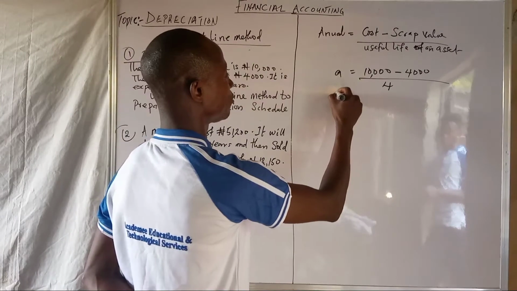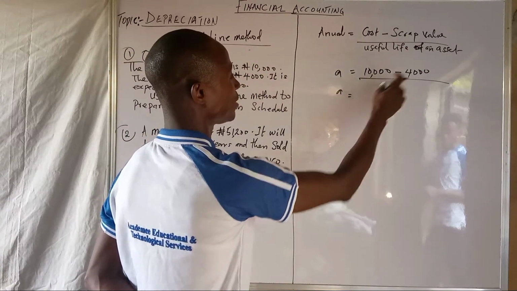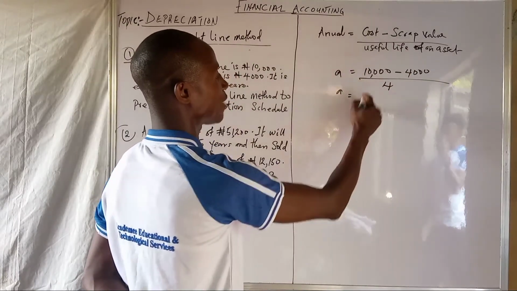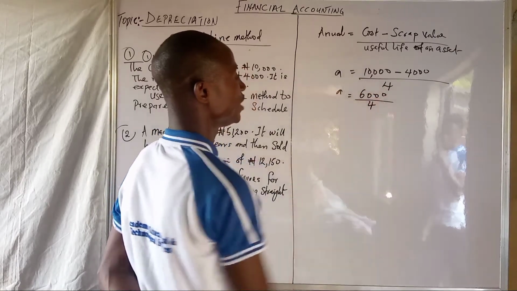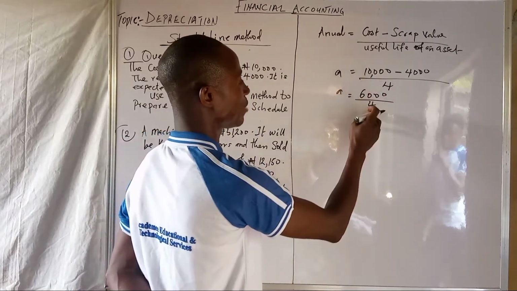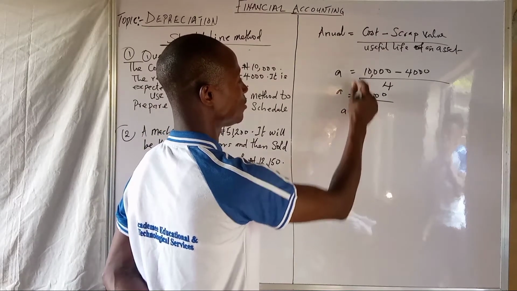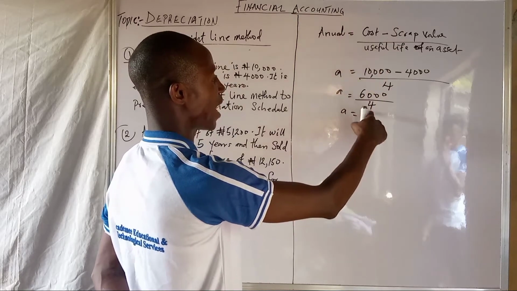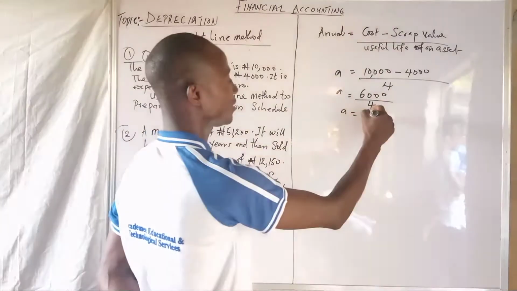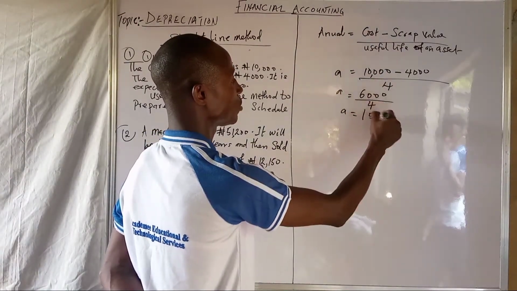So in this manner, A, the annual depreciation, equals 10,000 minus 4,000, that is 6,000, all over 4 years. If you look at it, 4 goes into 6 one time, remainder 2. 4 in 20 is 5. The 2 zeros come back to it.